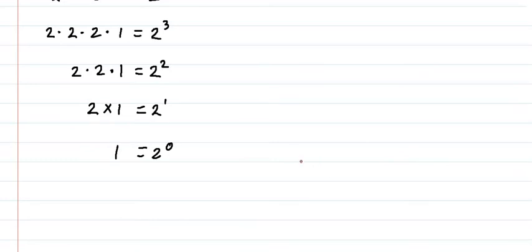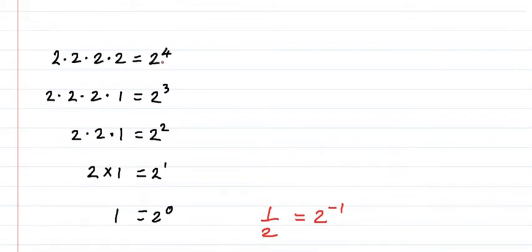Of course, we don't have to stop at 2 to the power of 0. We can divide by 2 again. So you can see the pattern. We've gone from 4, 3, 2, 1, 0.